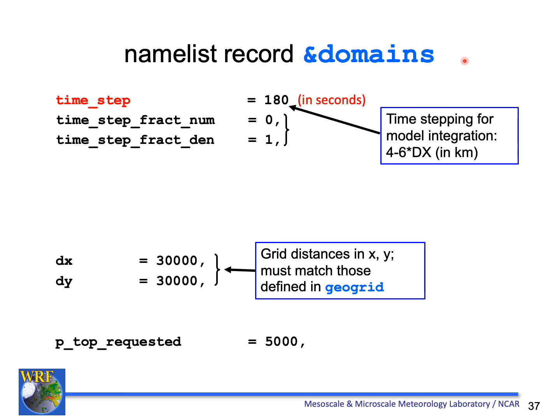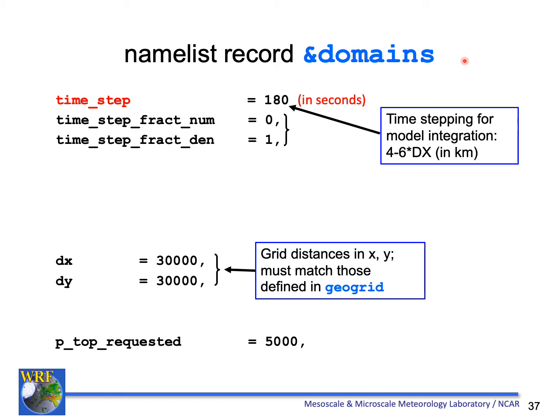How big a value we can use for time step is determined by the numerical analysis of the model solution method. In real data applications, it depends mainly on the grid distance of the model. It can also depend on how we configure our domains, such as map projections and distribution of vertical levels.